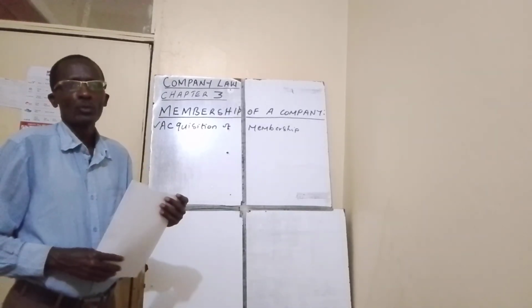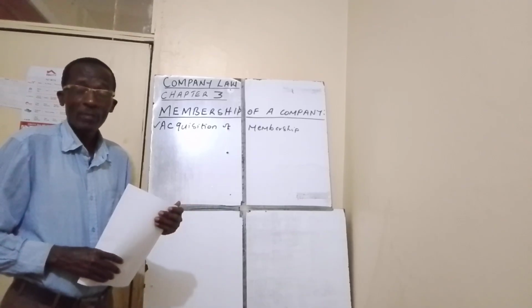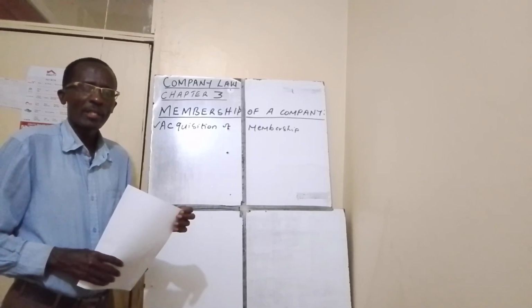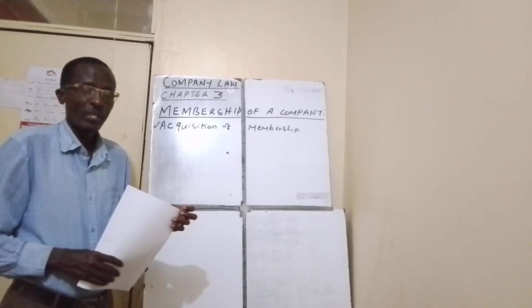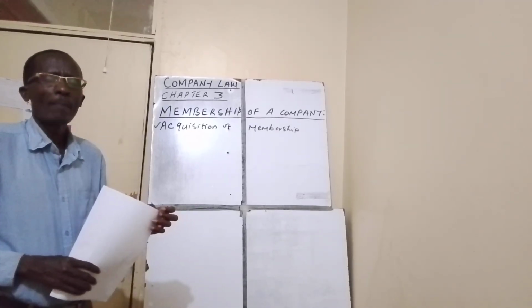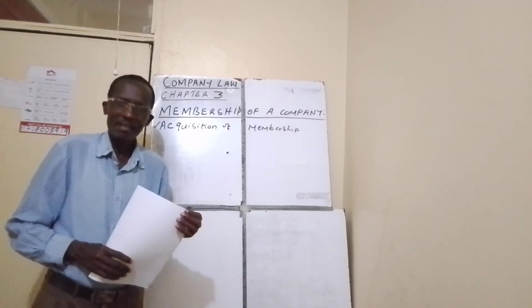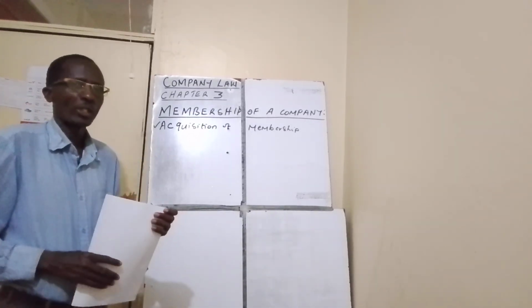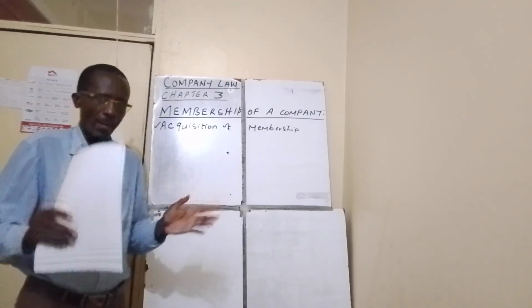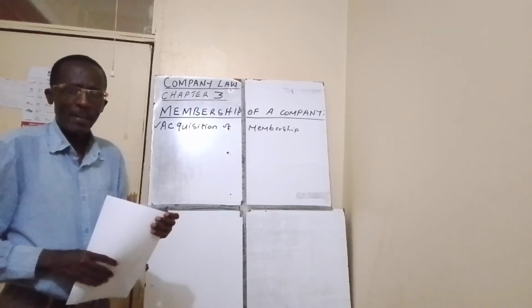In Chapter 2, we've covered the constitutive documents, and one of them is the Memorandum of Association, MOA. We define MOA as the external constitution that governs the relationship between the members of the company and the outsiders.